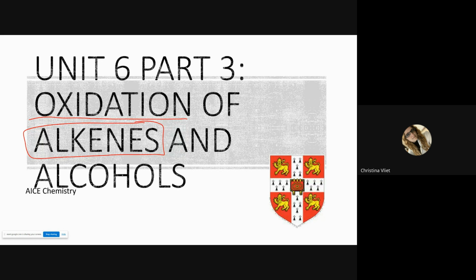It makes logical sense to also include the oxidation of alcohols in the discussion, because when you see what happens with alkenes, you'll see they're almost the exact same reactions with alcohols. So it's better to teach them together, I've noticed in the past. If we run out of time, I have another day set aside in our schedule to do alcohols, but I'm going to try to get both of them done today so that it could be done together.